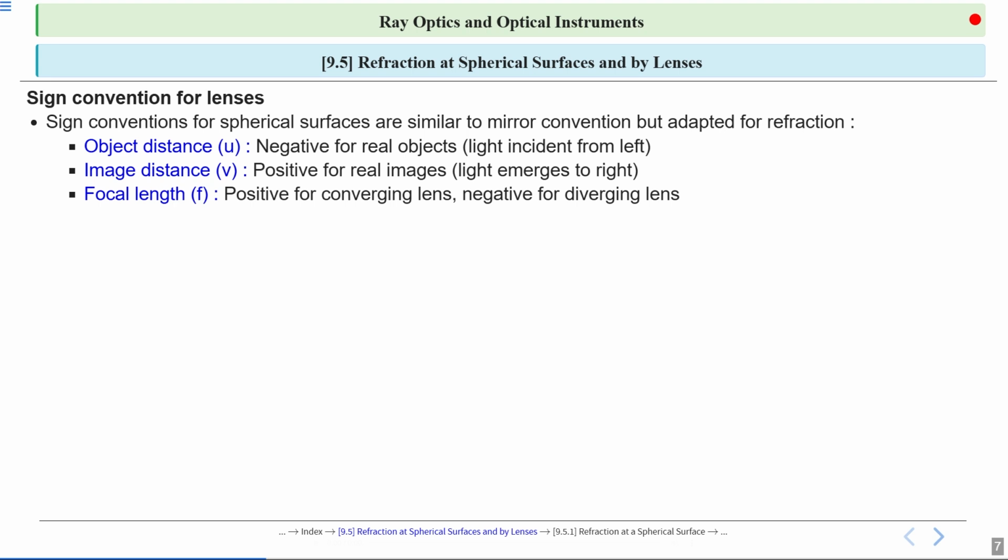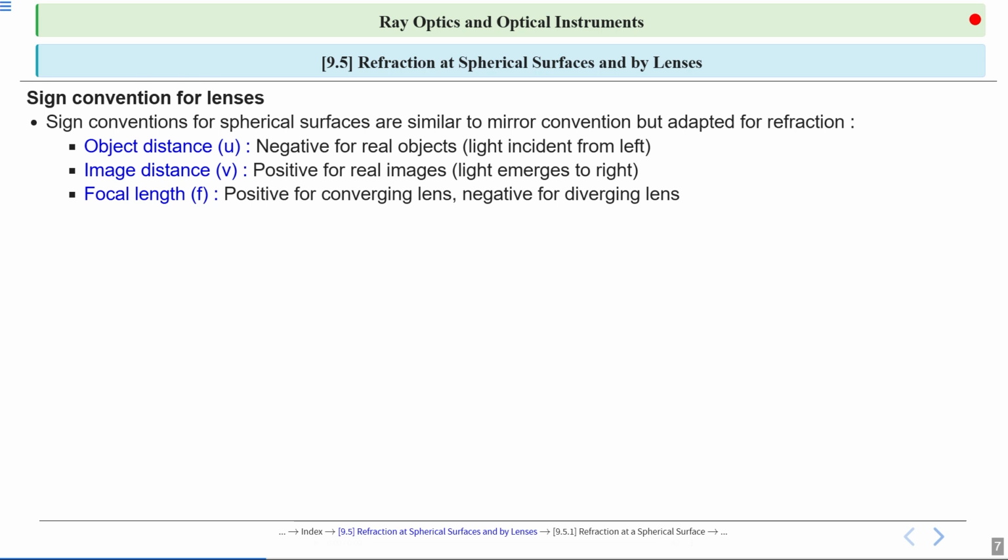So what about focal length? It is positive for a converging lens and negative for a diverging lens. What is a converging lens? Light rays coming parallel to any lens or spherical surface, after refraction, if they converge, then that lens or spherical surface is converging. If the light rays diverge, then that spherical surface or lens is diverging.